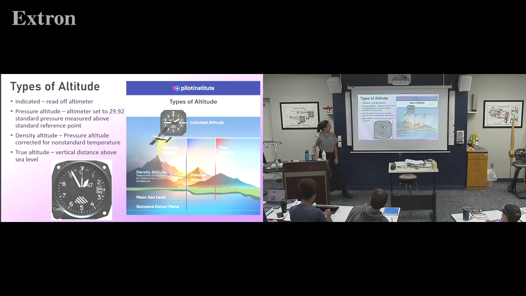So if I am flying at 3,000 feet on a 100-degree day, how is that going to be different than flying at 3,000 feet on a day when it's negative 10 degrees? Airplane's going to act and feel like it's higher than it actually is.